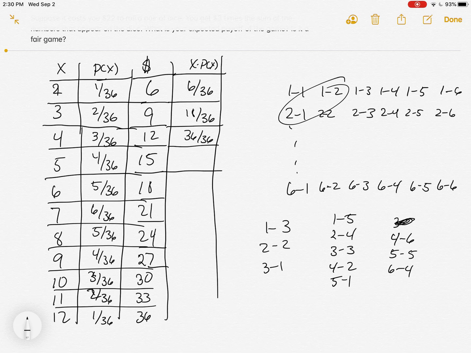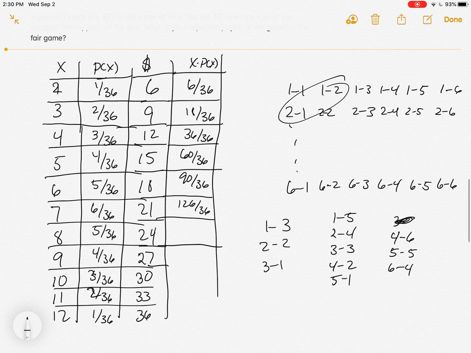You okay with where I'm coming up with that? 12 times 3 is 36 over 36. 15 times 4 is 60 out of 36. 18 times 5, no clue. 90 out of 36. 21 times 6, use your calculator to be sure, 126 out of 36. And you could string this together, but I wanted it pieced apart in case somebody was wanting to track it.